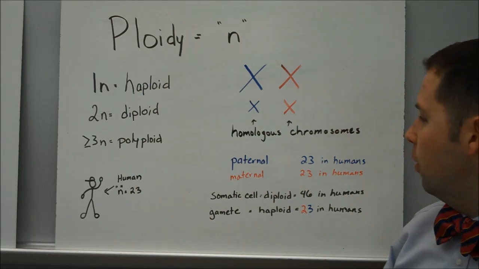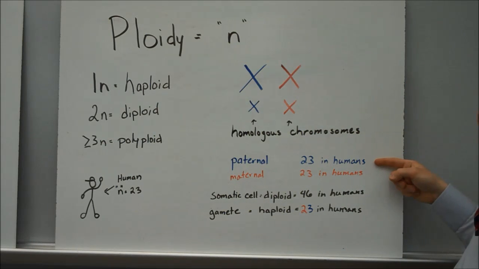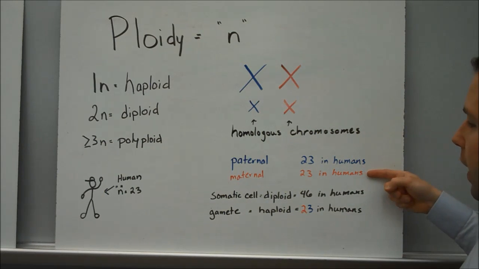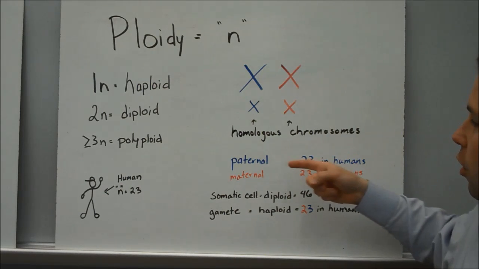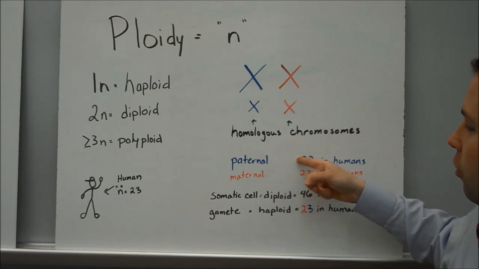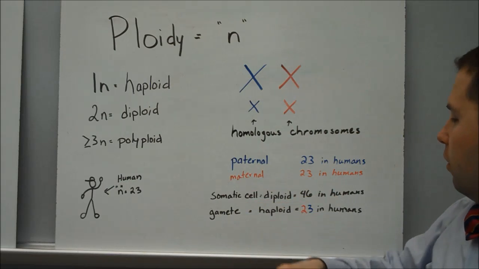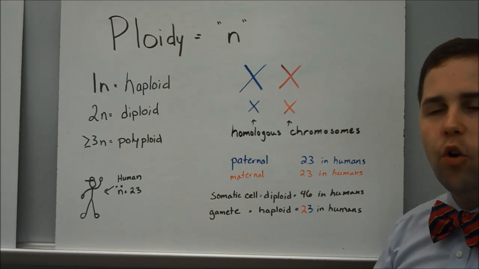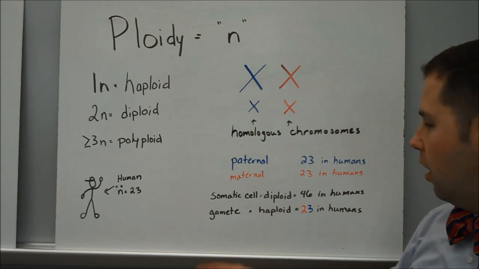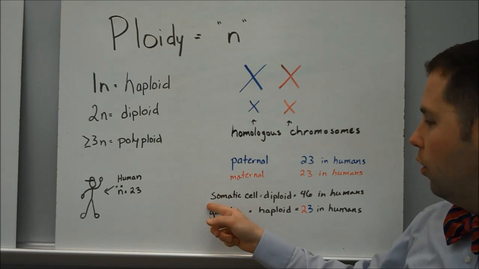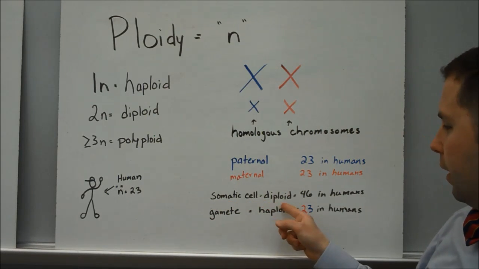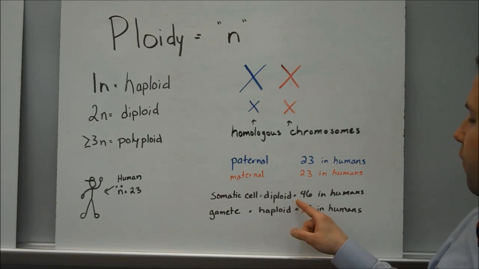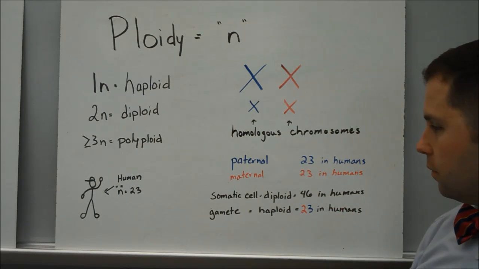These 46 chromosomes come 23 from our father and 23 from our mother. So we have 23 paternal chromosomes and 23 maternal chromosomes, and that makes a normal cell in our body, which we can also call a somatic cell, diploid. It's a diploid cell that has 46 chromosomes.